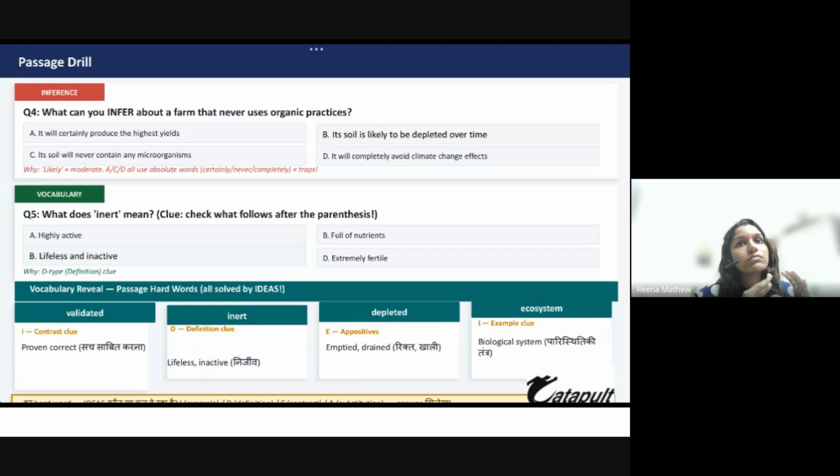All reproducing animals are mammals. Is this a right statement? Sahi statement hai or nahi? Exceptions hai or is sahi statement hai?